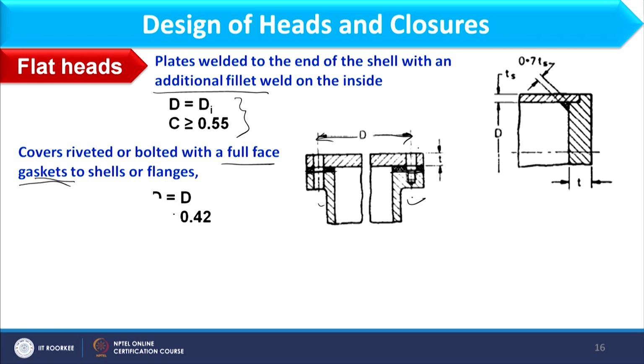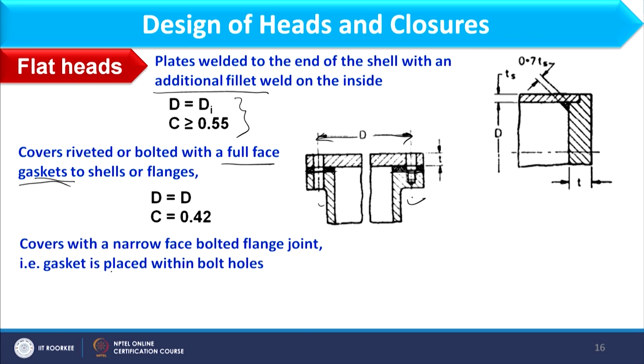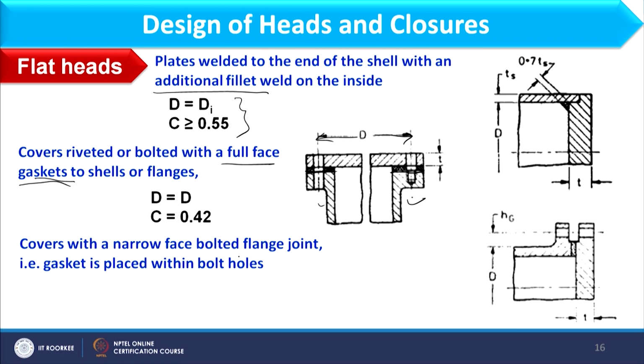Now if this is the case, D would be as it is shown over here, and the C value would be 0.42. Further, if we have covers with a narrow face bolted flange joint, that is, the gasket is placed within the bolt circle, how will it look?